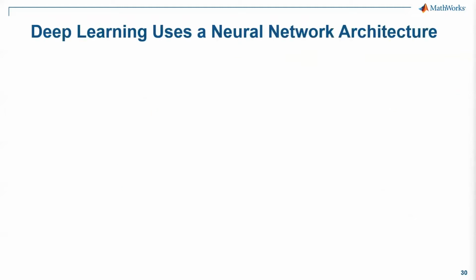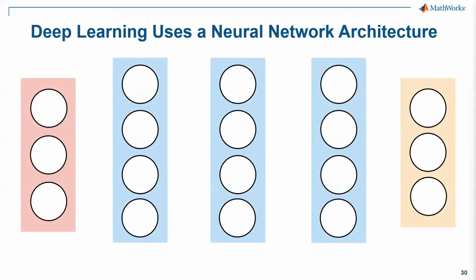This idea of automated feature extraction is made possible by a neural network architecture. A neural network consists of many layers. We start with an input layer, which would be pixel values for an image of a car. Then we have a series of hidden layers, which each perform different tasks for determining the characteristics of the car.